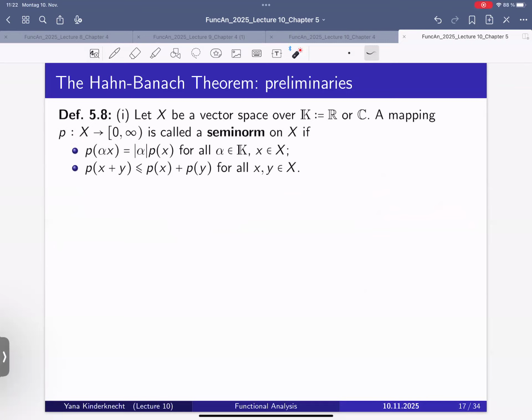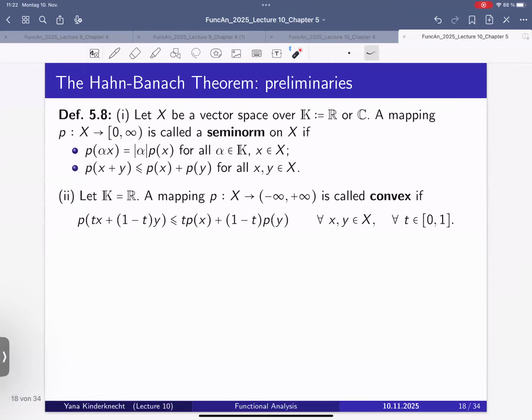You remember? I hope we have discussed it already somewhere. Okay. Next part of the definition, we consider the real case. A mapping P from X to the real numbers is called convex if the following inequality holds.